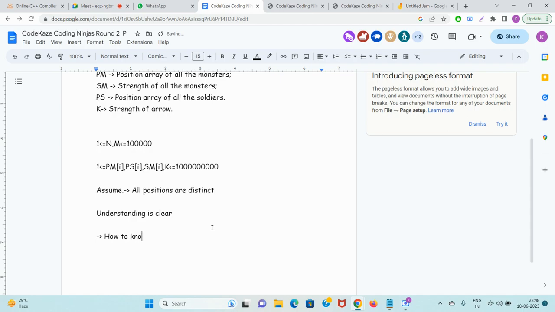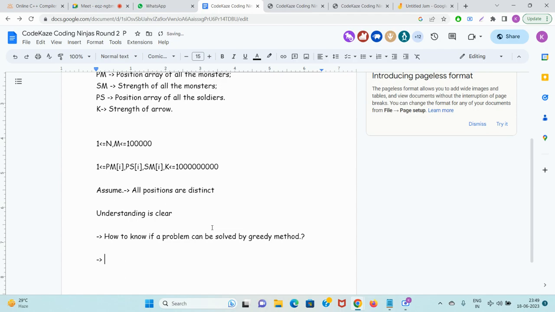How to know if a problem can be solved by greedy? Guys, day before yesterday I explained greedy versus DP. So how to know if a problem can be solved by the greedy method?